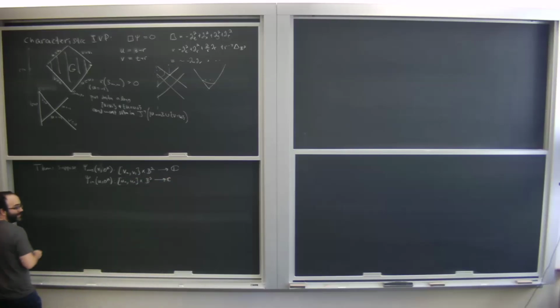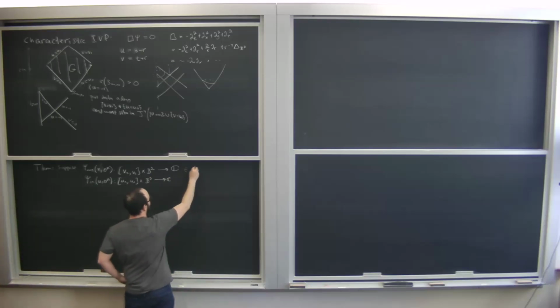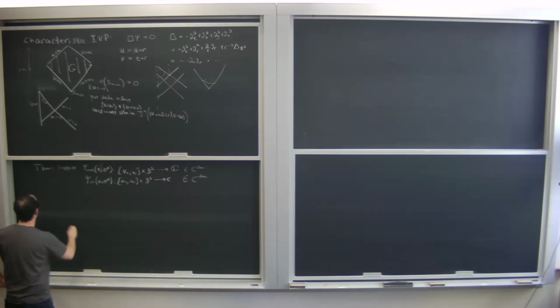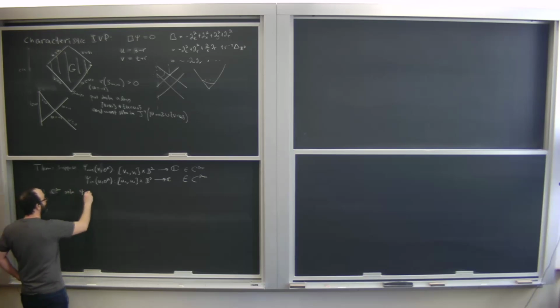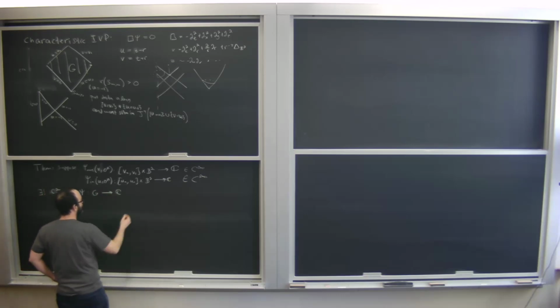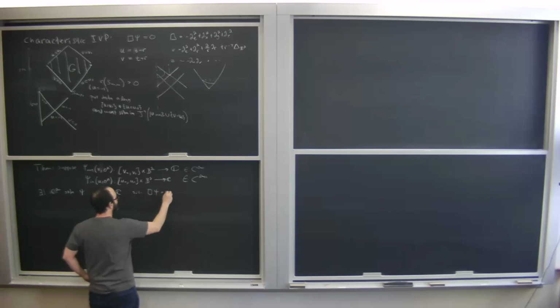So given these things, let's suppose these are all smooth functions. Then there exists, in fact, a unique C infinity solution psi in this region G, such that box psi equals 0.